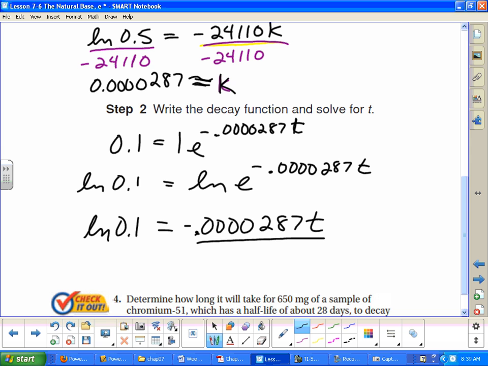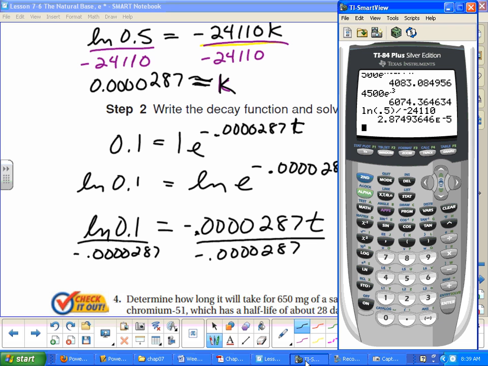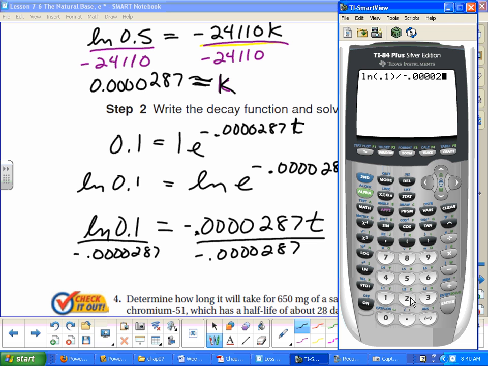So divide by negative 0.000287. Let's see what we get. Natural log of 0.1 divided by negative 0.000287 gives 80,229 years.